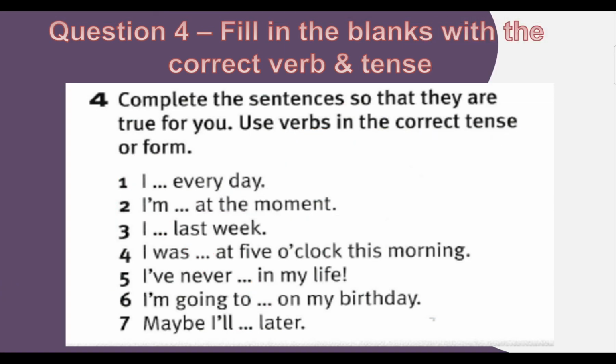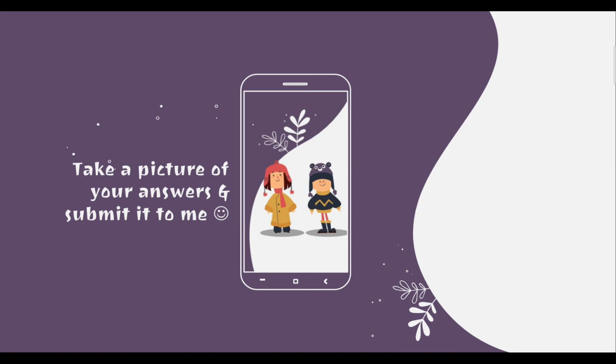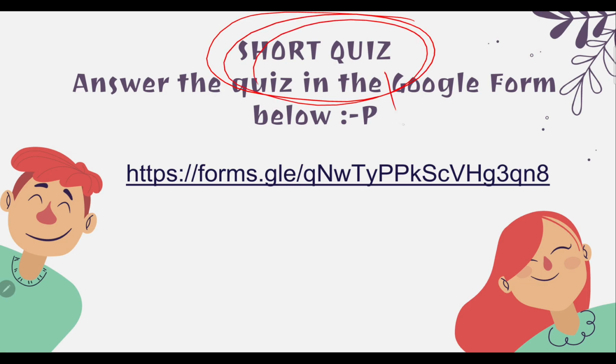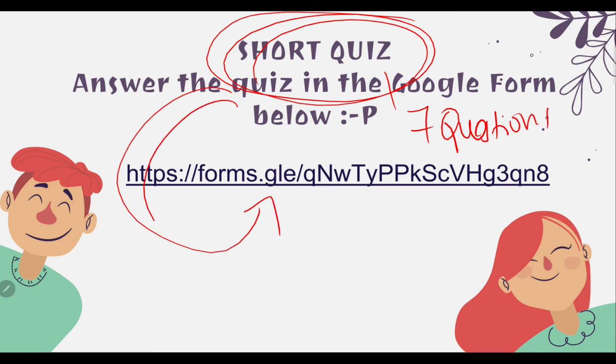And lastly, you are going to take a picture of your answers and submit it to me through WhatsApp. And lastly, you're going to do a very short quiz. There are only 7 questions. So you will go to this link, click this link.